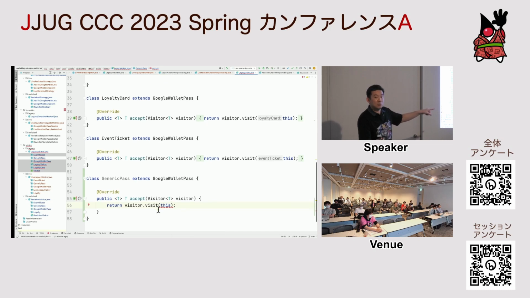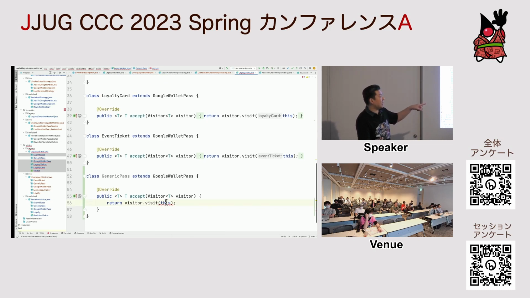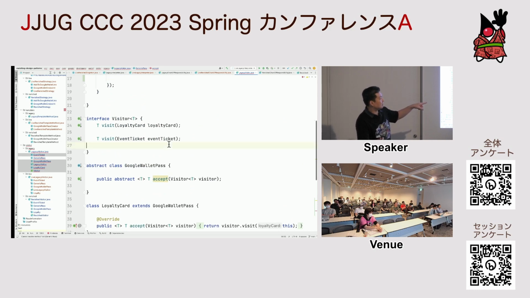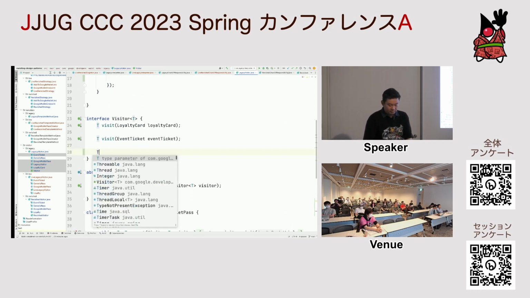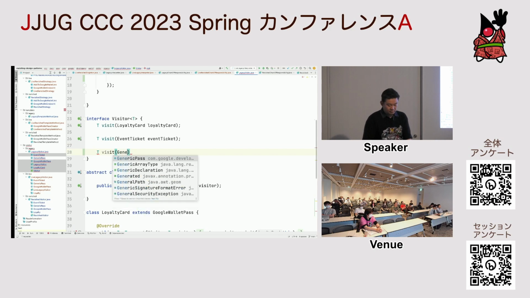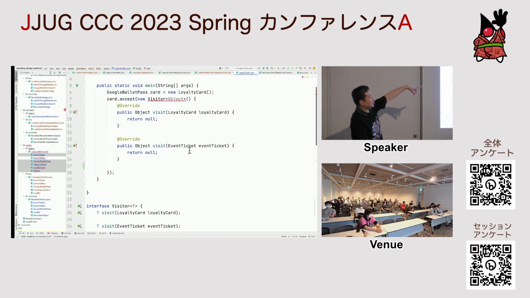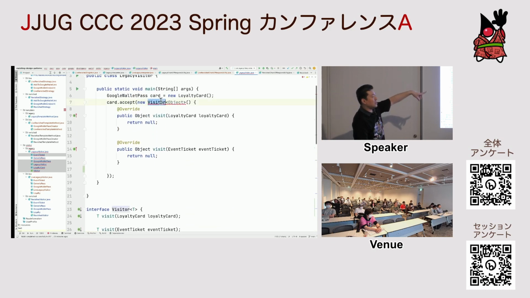Your code doesn't run anymore until you implement these methods here. And once you add it, you have to go in all the places in your system that are implementing the visitor and add the method.